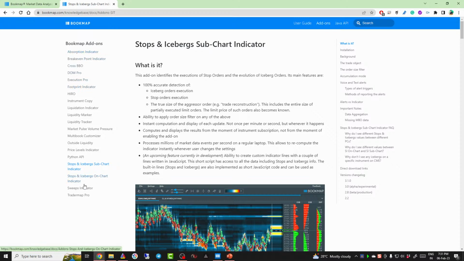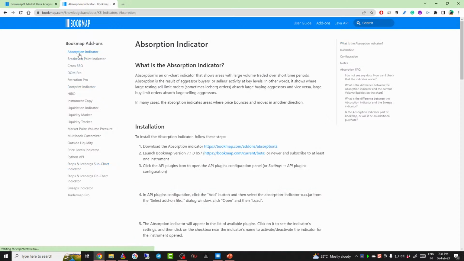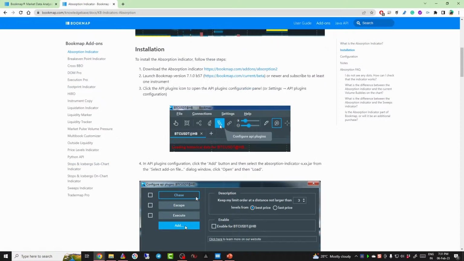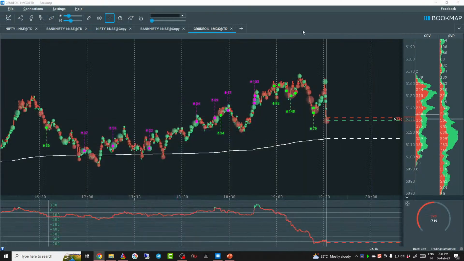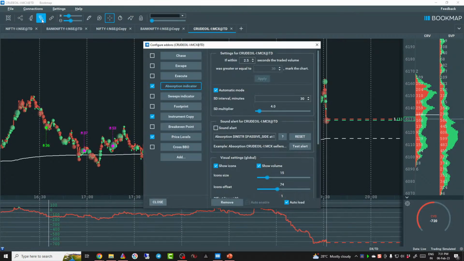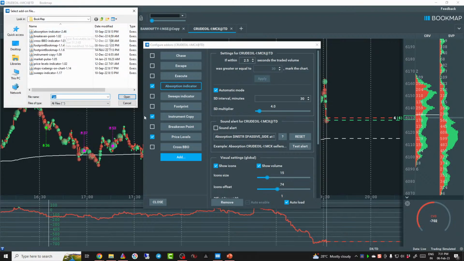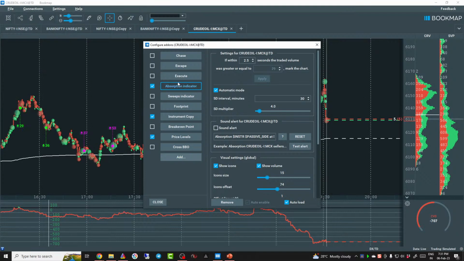All the available add-ons will be listed here. In that you can see the download link. So you need to download the absorption indicator from here, and once you download it, you simply have to visit configure add-ons and then add. Then select the downloaded indicator and you are good to go. Your indicator will be added here, and you can enable the absorption indicator from this point on.